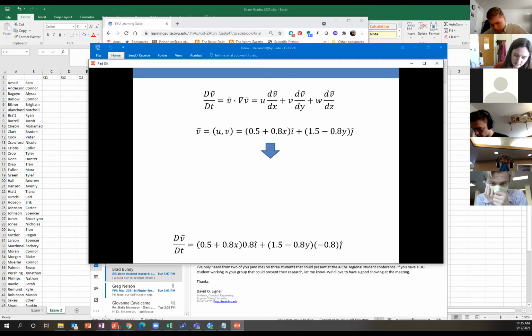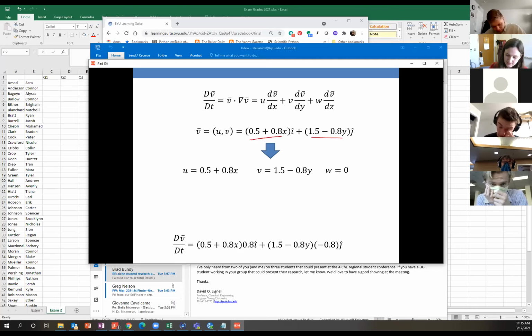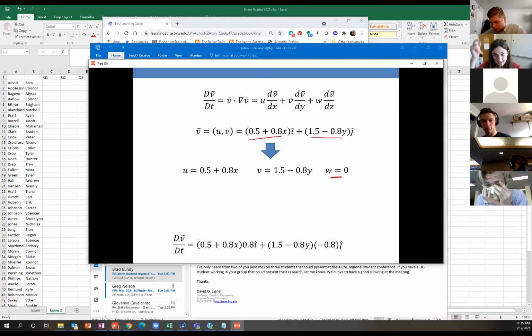All right. So I separated out u and v. W, the z one, is 0, by the way, because this is two-dimensional flow, which could just mean that in the z direction, the velocity doesn't change with that direction. Find dv dx.